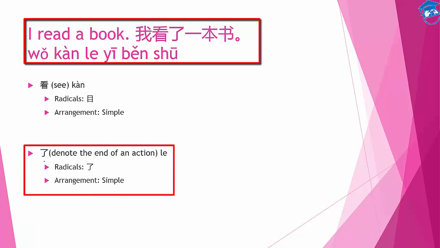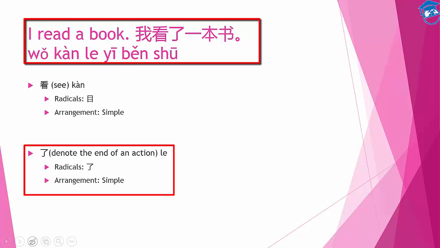And 了 is another new word which indicates that this action has already passed. So it's more like making a verb to be in past tense. I read a book.